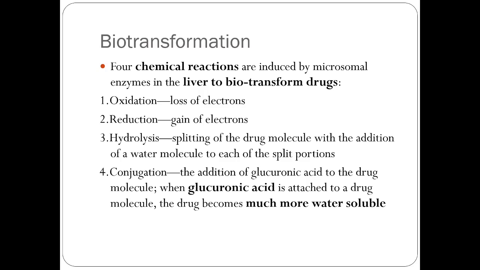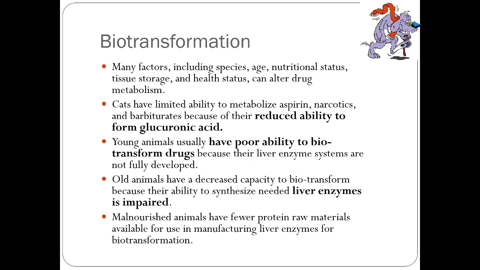Now, there are animals, a species, which doesn't make a lot of glucuronic acid, and so they do not excrete drugs as quickly. And if you remember that, you'll know that cats tend to have a lot more toxicities to drugs, more susceptible to certain drugs. Biotransformation.